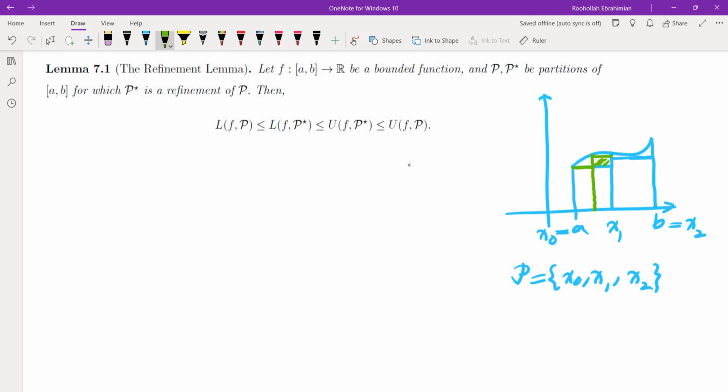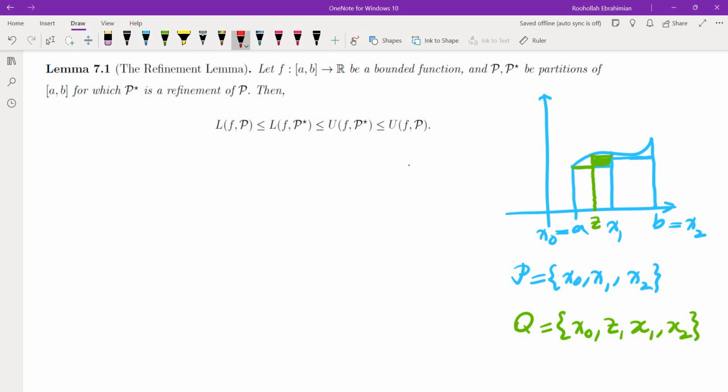So the lower sum becomes larger. So the partition, I'm going to call this one perhaps Z. So let's say Q is x0, Z, x1, and x2. If I add one more point, or even more than one more point, the lower sum becomes larger because we are adding this amount. So the lower sum becomes larger.